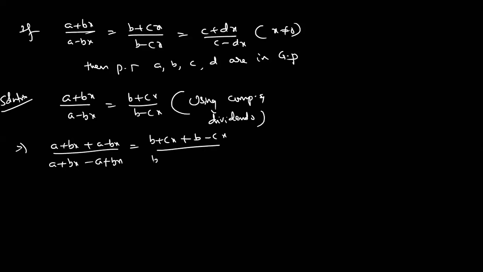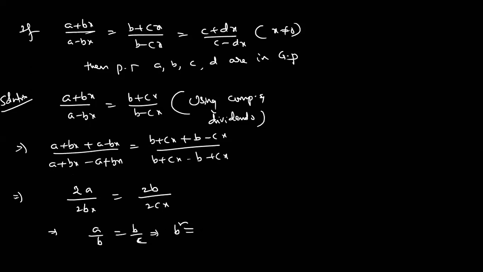What is the dividendo? So any term is cancelled here. So 2a by 2bx equals 2b by 2cx. What is the result? a by b is equal to b by c. What is the meaning? b square is equal to ac.